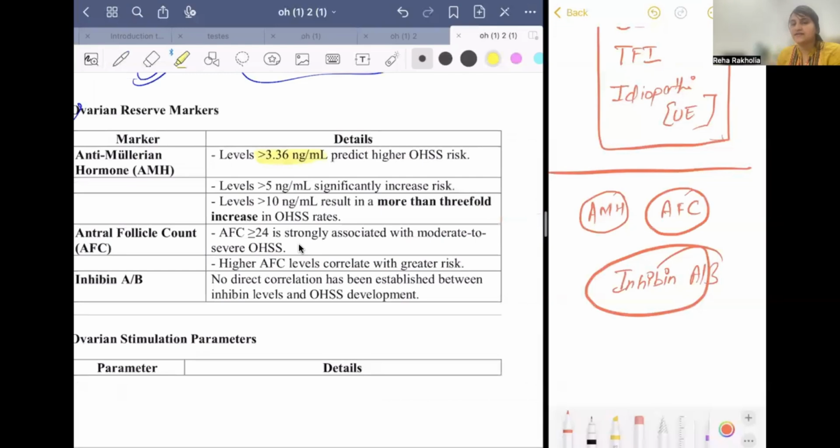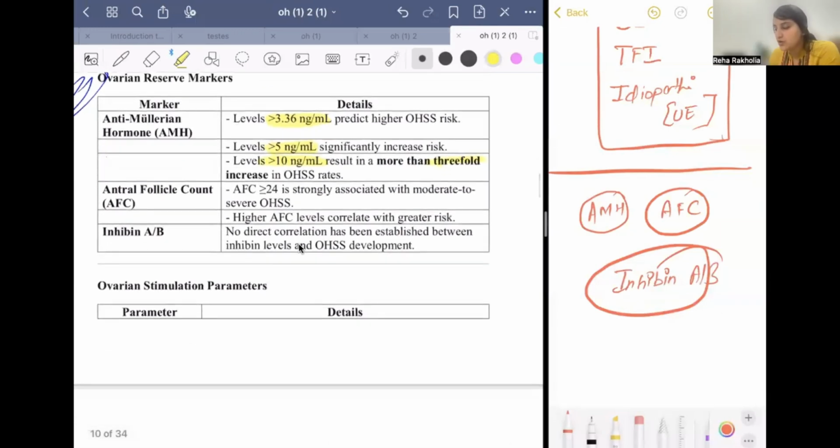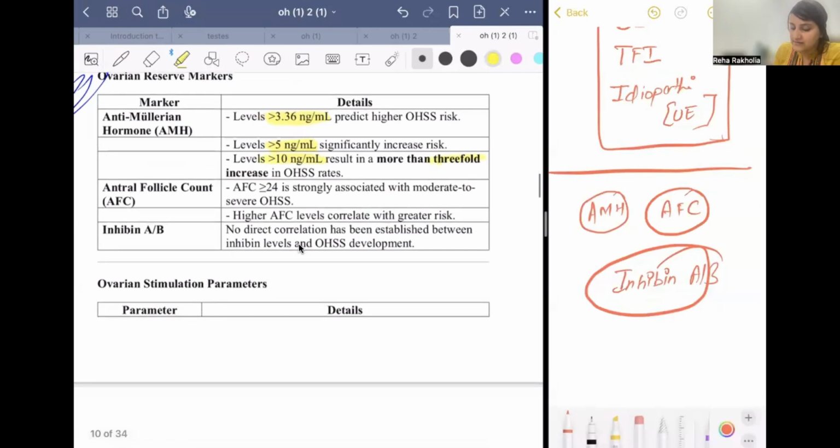And a level greater than 5 nanogram per ml significantly increases the risk, while values above 10 nanogram per ml are linked to a threefold increase in OHSS rates. Now AFC. An AFC of greater than 24 follicles is strongly associated with moderate to severe OHSS. The higher the AFC, the greater the risk. Then inhibin A and B. Interestingly, there is no direct correlation between inhibin A and B levels and OHSS according to current research.